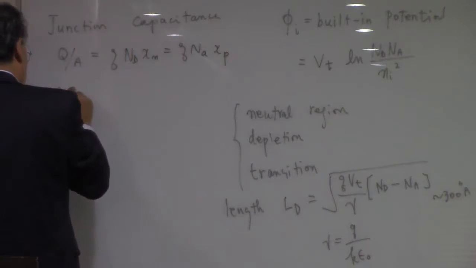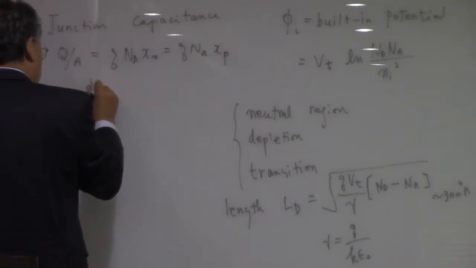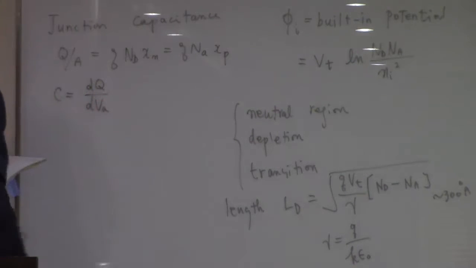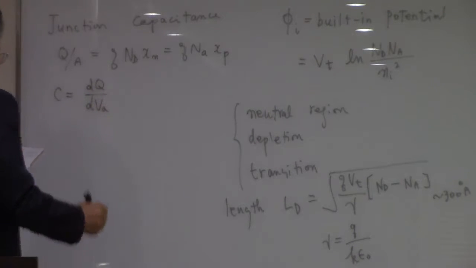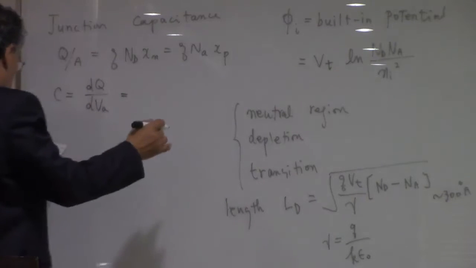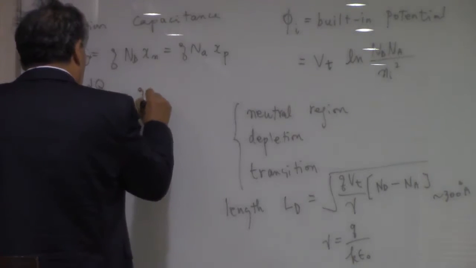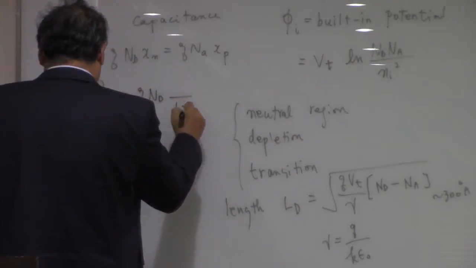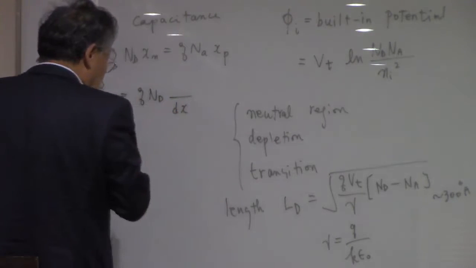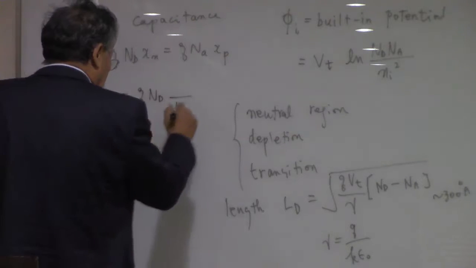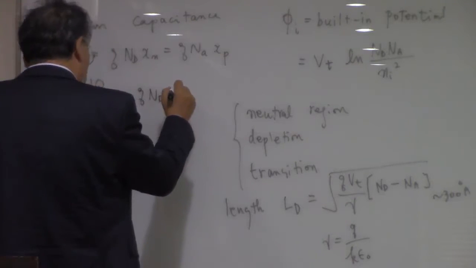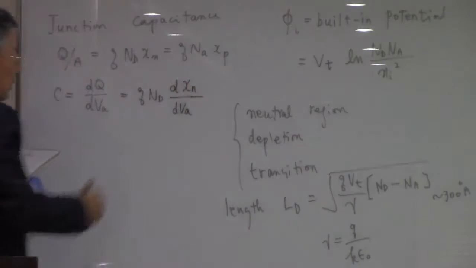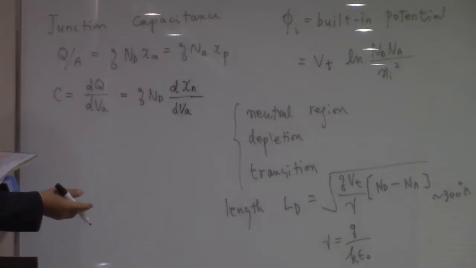Okay, and the capacitance by definition is going to be the modulation of these charges with respect to the applied voltage, and that can be expressed simply by dXn over dV, the change in the depletion length with respect to the applied voltage.